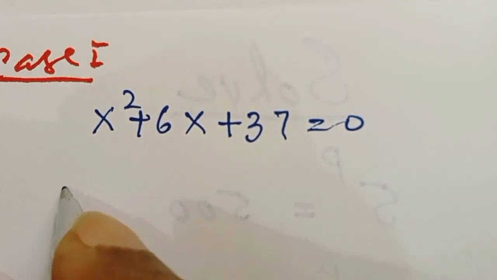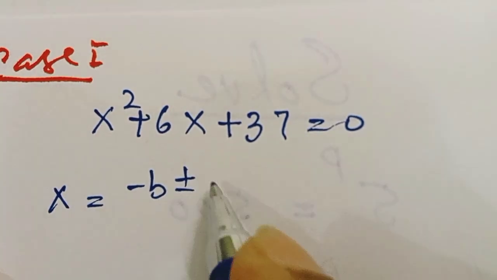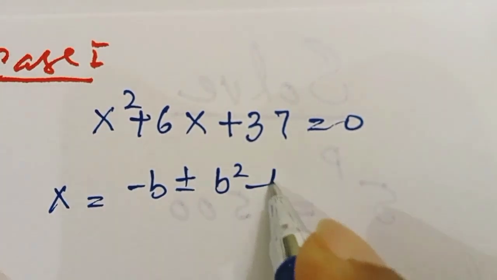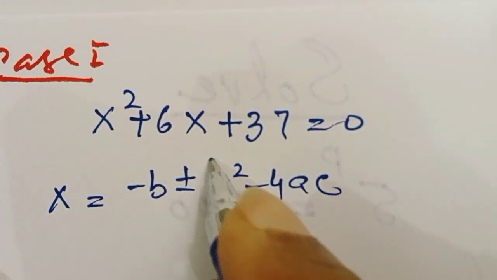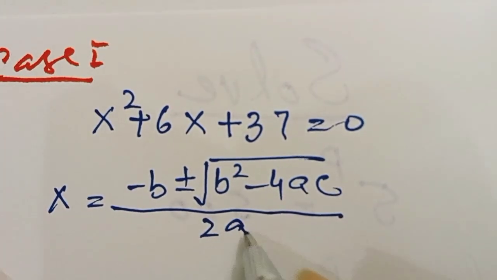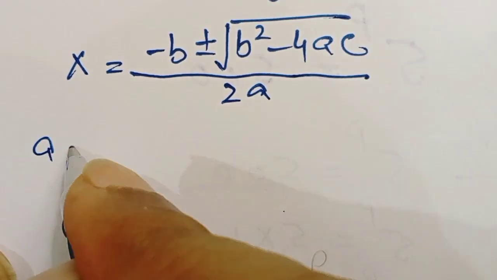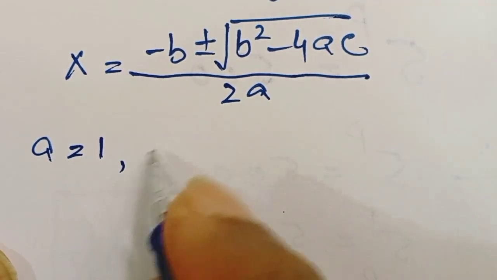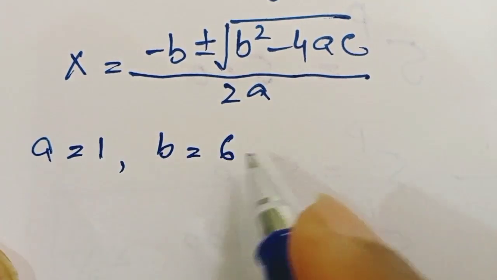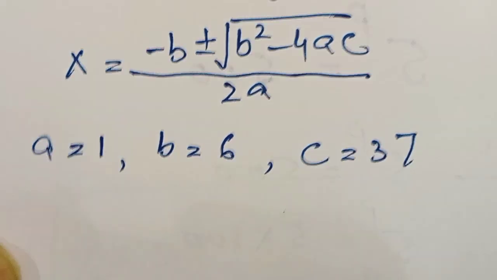Quadratic formula is x is equal to minus b plus minus square root of b square minus 4ac over 2a. So here a is equal to 1, b is equal to 6, c is equal to 37.